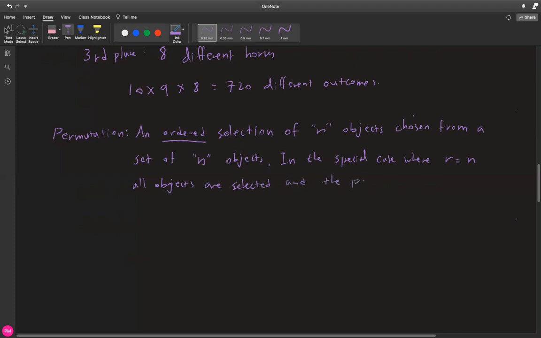And the permutation is just a rearrangement of the objects.